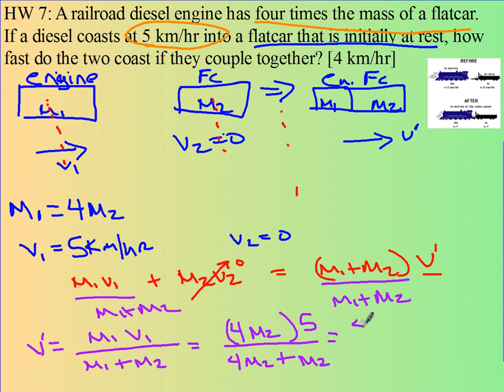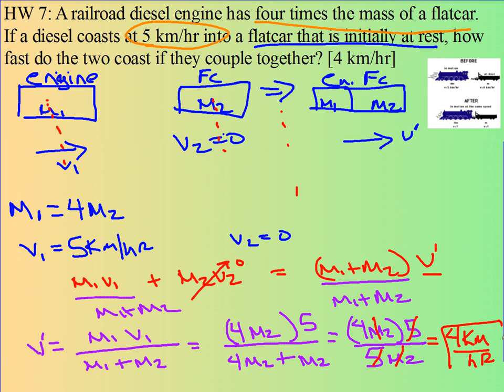So this is going to be 4 times m2, and I'm leaving it this way for a reason, times 5, divided by 4 plus 1, which is 5m2. If I don't give you the masses, you don't really need them. Things will cancel. Look what happens. m2 goes away. 5 cancels out as well. So I'm left with an answer of 4 kilometers per hour. And there's my answer.